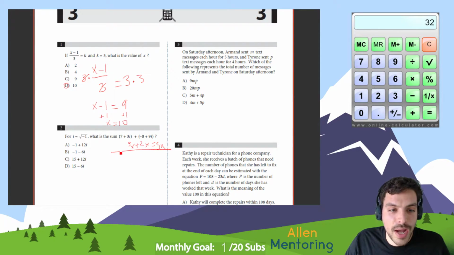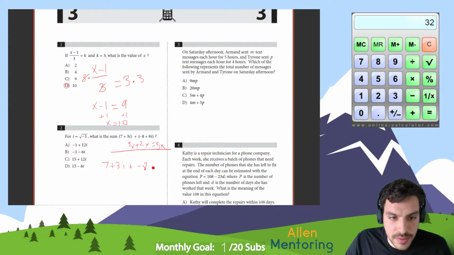So we're just going to combine these two. We see 7 plus 3i, and I'll write that out here without the parentheses, plus -8 plus 9i. What are the like terms? Well, 7 and -8 are like terms, and 3i and 9i are like terms.